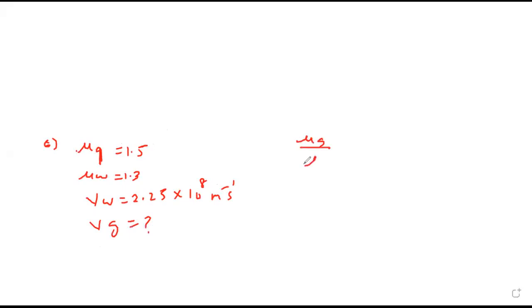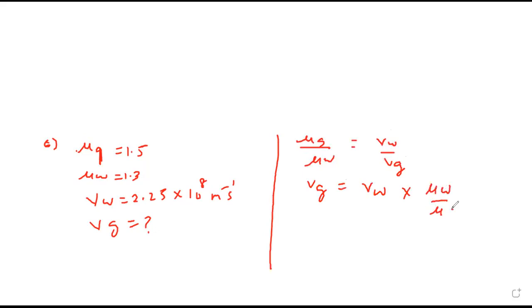Refractive index of glass upon water is speed in water upon speed in glass. They are inversely proportional. So speed in glass is V in water, mu in water upon mu G. V in water 2.25 into 10 raised to 8 and 1.3 upon glass 1.5.